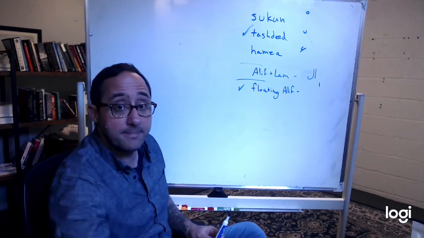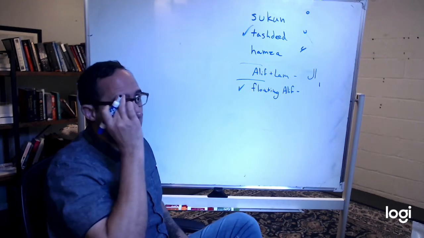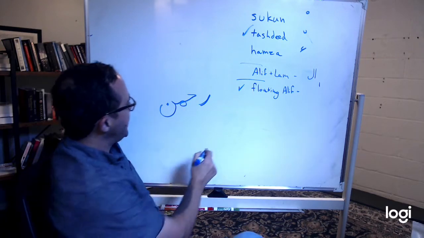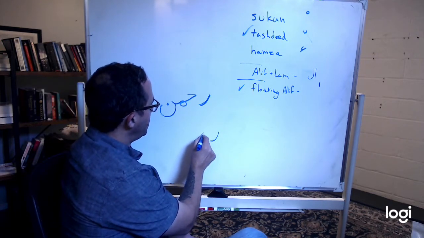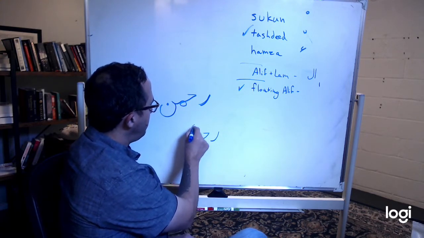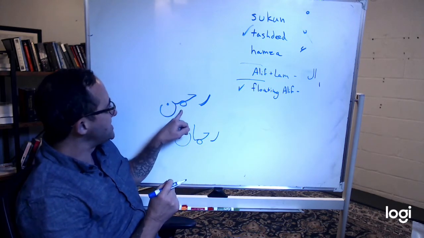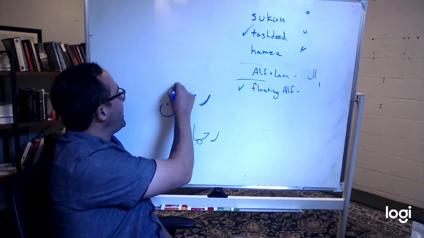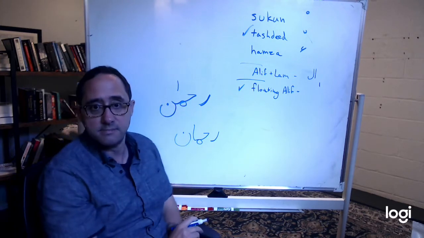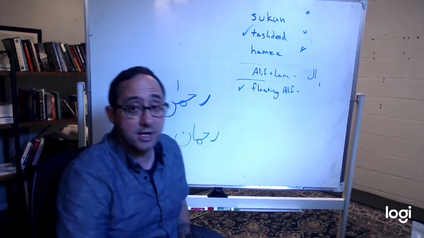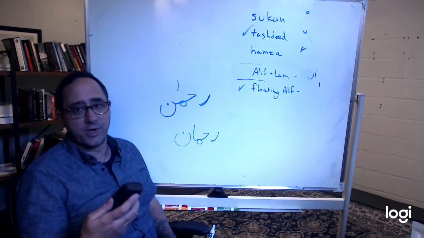Another would be Rahman, which is another word for God, but many people's names are Rahman. It can be spelled this way, but notice that there's no ah in here. The ah actually goes over it, like that. So again, these are Arabic conventions, so if you see it, you'll know what it is.